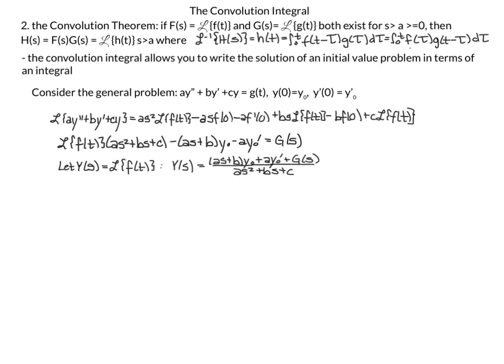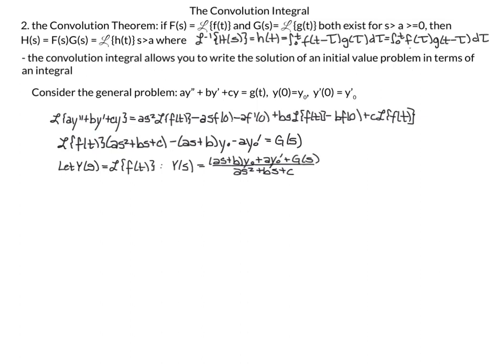I solve as I normally do. I take the Laplace transform of the left-hand side of my equation, ay double prime plus by prime plus cy, so I have a times the Laplace transform of y double prime plus b times the Laplace transform of y prime plus c times the Laplace transform of just y.